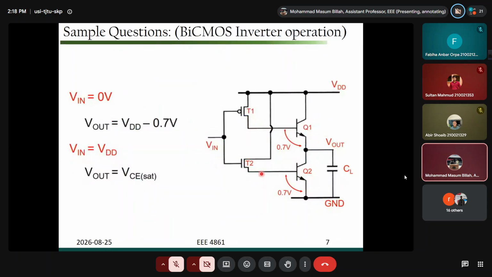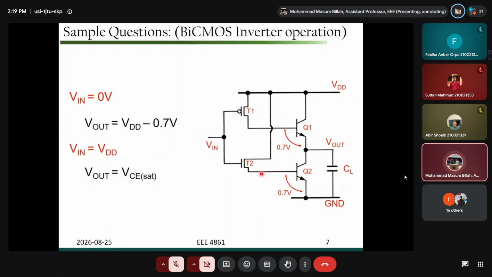Okay, so you remember we studied BiCMOS in 2 lectures and 1 lecture of gallium arsenide MESFET device. There will be one full question on BiCMOS and gallium arsenide device, a 30 marks question.